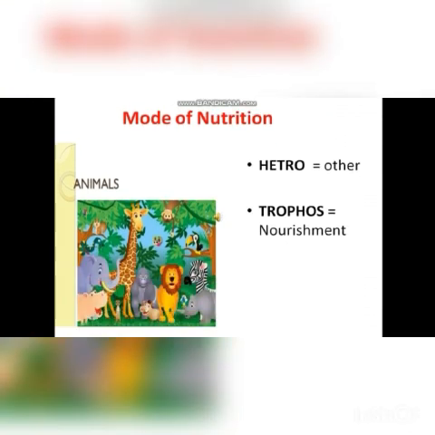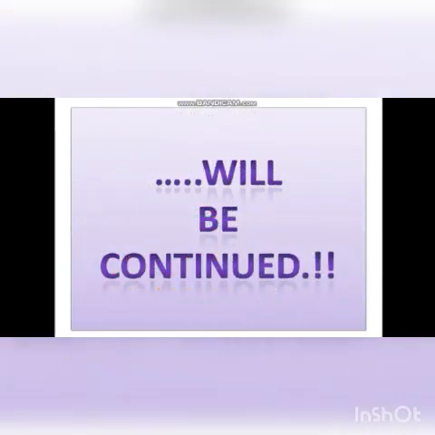Again, if I break this term, heterotrophs, then hetero means other or different, and trophs means organisms who eat food. So the organisms which cannot prepare their own food and depend on other sources of organisms, be it plants or animals, are known as heterotrophs.